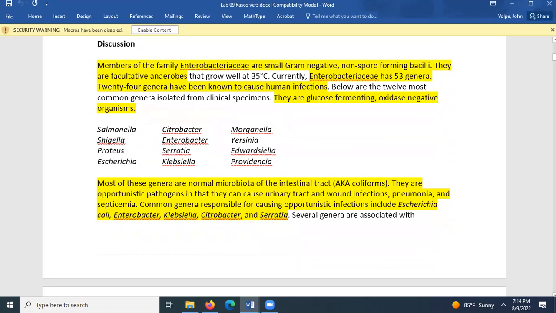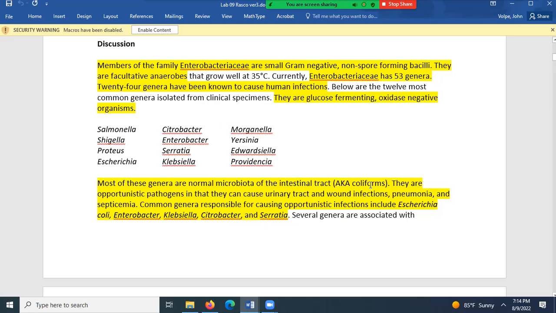They're all glucose fermenting, oxidase negative organisms. Most of the genera shown above are microbiota that grow in the intestinal tract. Therefore, we call them coliforms.